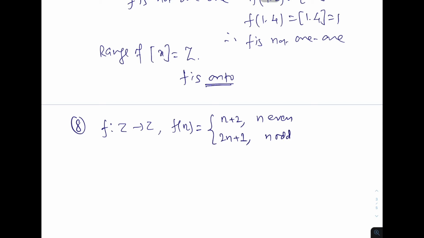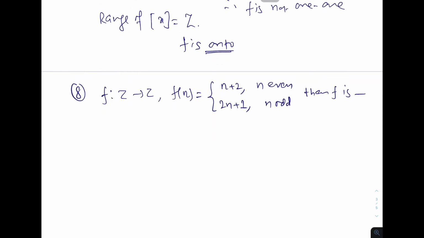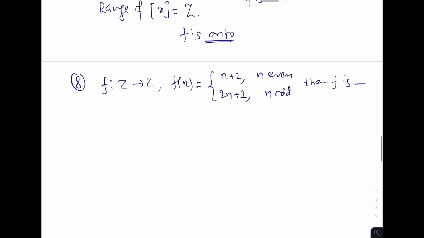So the question is, then f is blank. That means 1-1, onto, neither 1-1 nor onto. So that kind of options are there. So we need to check whether it is 1-1 or onto or not.